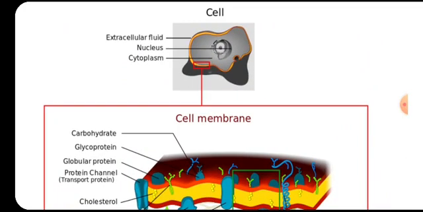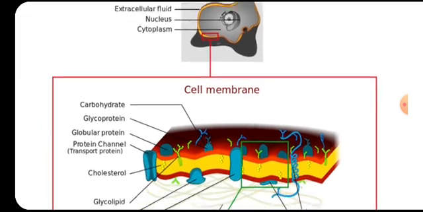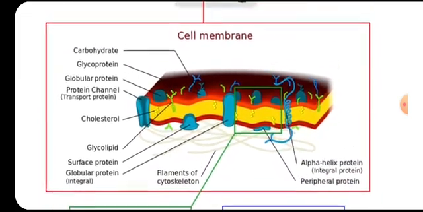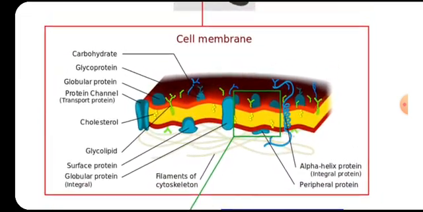This is the structure of a eukaryotic cell, for example an animal cell, we can see here. And in this structure you can see there are cholesterol molecules embedded among the phospholipid bilayer.